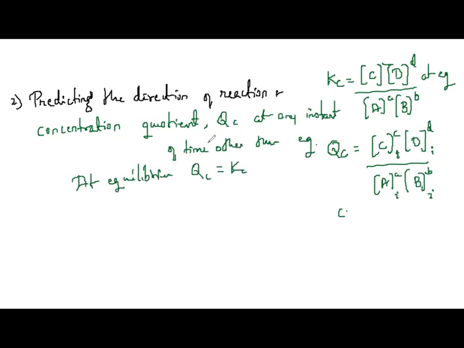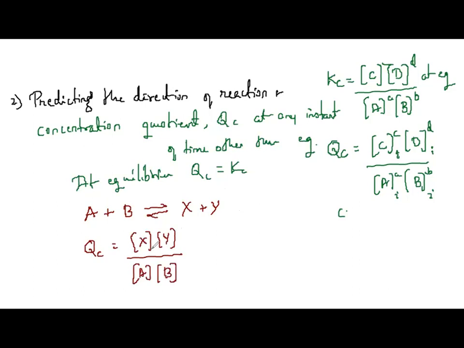Understood? I'll give you a simple example. Let me say I have a reversible reaction A plus B gives X plus Y. How do you write the concentration quotient? I will write Qc is equal to the product of concentrations of the products to the product of concentrations of the reactants at any instant of time other than equilibrium.